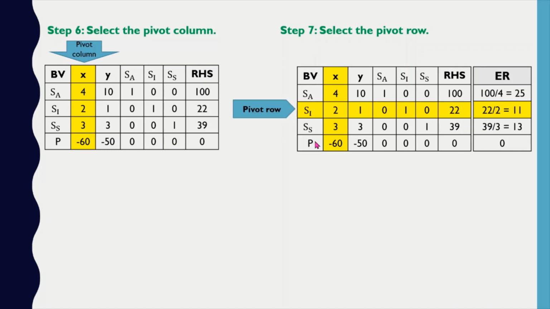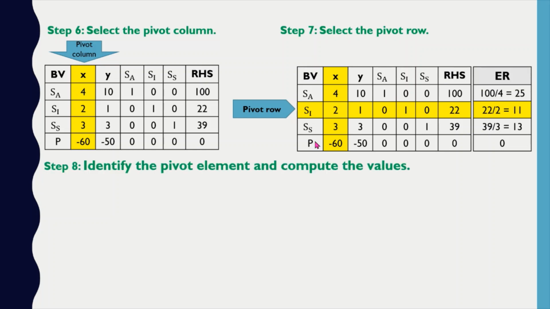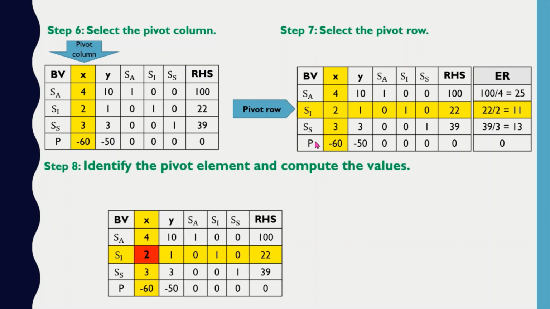Once we determine the pivot column and the pivot row from our exchange ratio, which is the smallest positive value, we can now identify our pivot element, which is the cross section between our pivot column and our pivot row. In this case we mark it red, that is number 2.